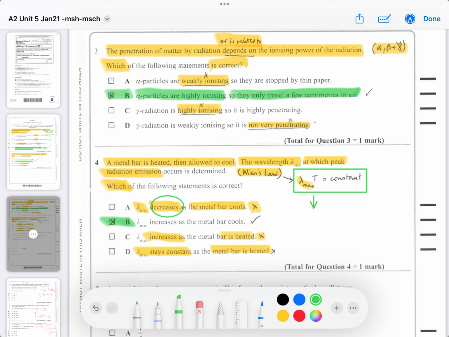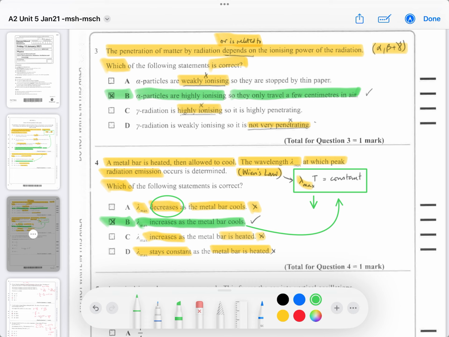So B is correct. And here's some good revision notes for those of you who still haven't made your notes. Lambda max increases as the metal bar cools. And this is what the equation that I've shown you is. Lambda max must increase as it cools. So temperature goes down, lambda max goes up.